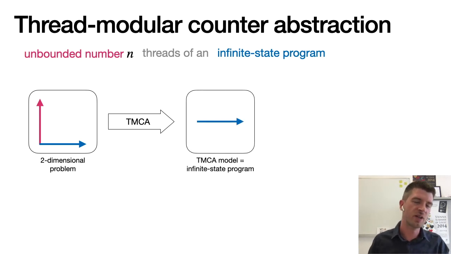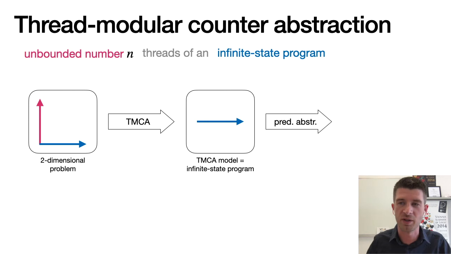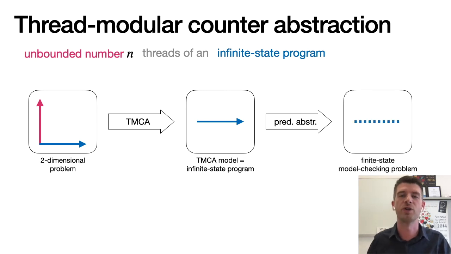And this gives us a TMCA model that is just infinite in one dimension, the data domain. And this, of course, is just an infinite state program that we know how to model check. So we can just apply an off-the-shelf software model checker, for example, using predicate abstraction, that turns our verification problem into just a classical finite state model checking problem.